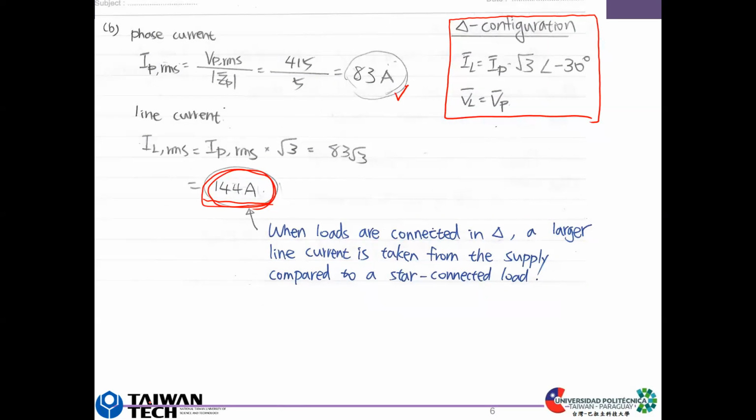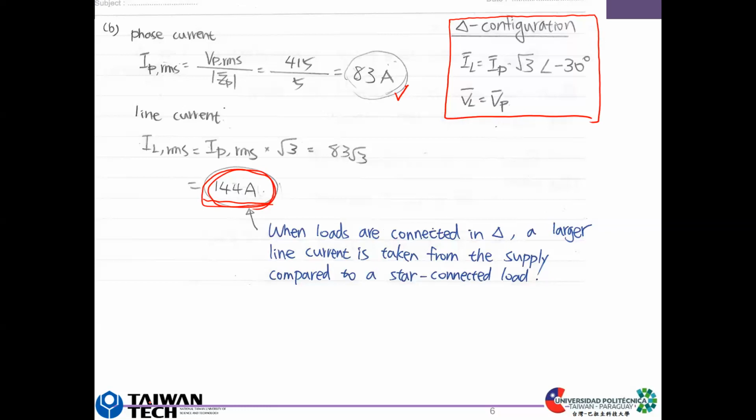Also, if these 3 loads are the coils of a 3-phase motor and it is connected in delta configuration, then when the motor starts, because you need to conquer the static friction, it generates a large current.